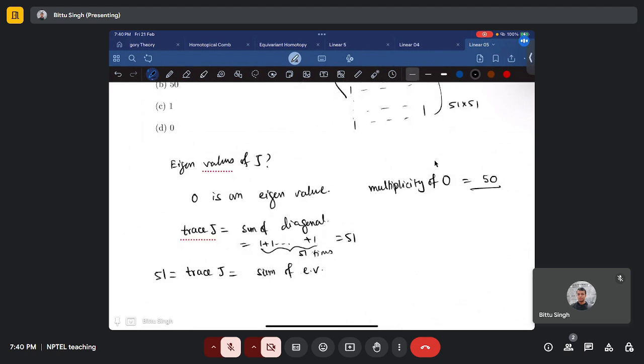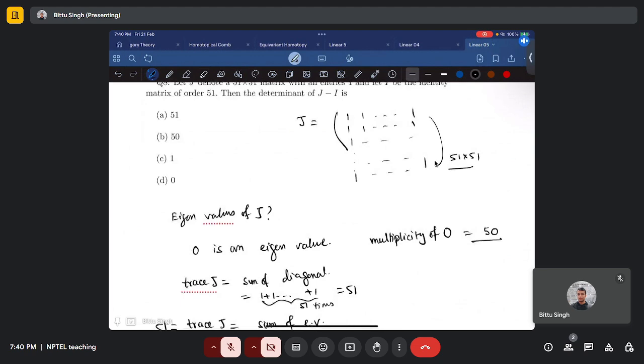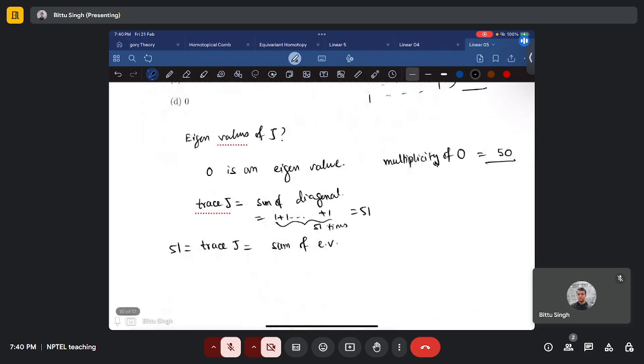0 occurs 50 times. So what are the other possibilities for eigenvalues? It is a 51 by 51 matrix, so there are 51 eigenvalues. 0 occurs 50 times, which means the only non-zero eigenvalue is the same as 51, because we need to subtract all other eigenvalues from 51.